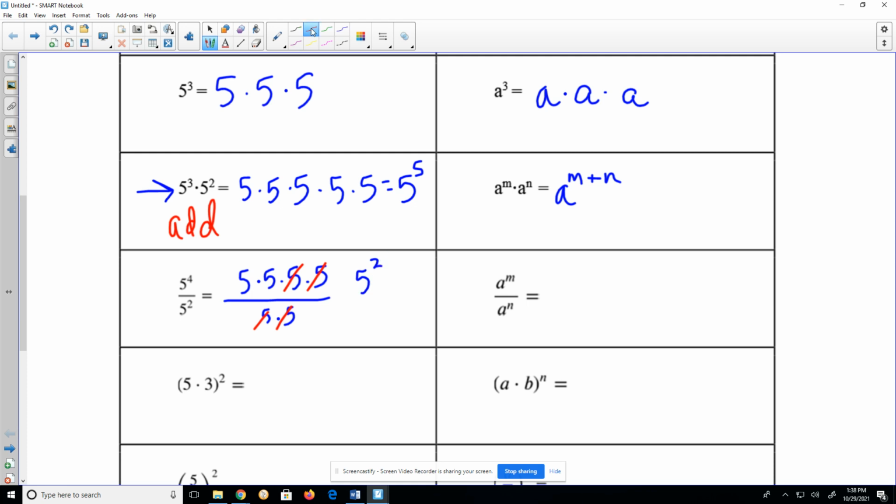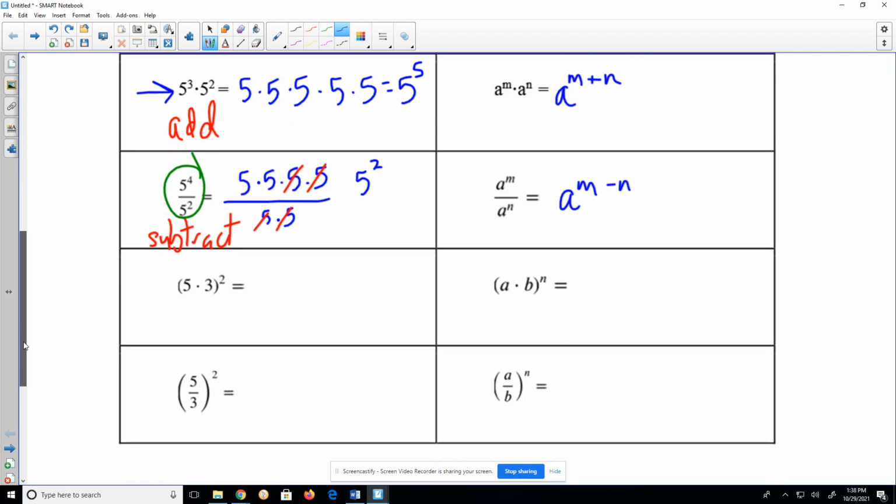So when we are dividing those same base exponents, we subtract their powers. We could also treat this like a negative exponent, which we'll talk about a little bit on the next page. So anyway, a to the m divided by a to the n is the same thing as a to the m minus n. So we subtract those exponents.